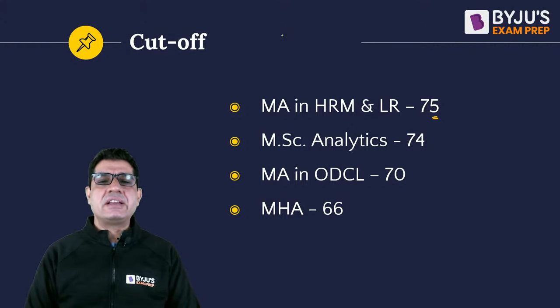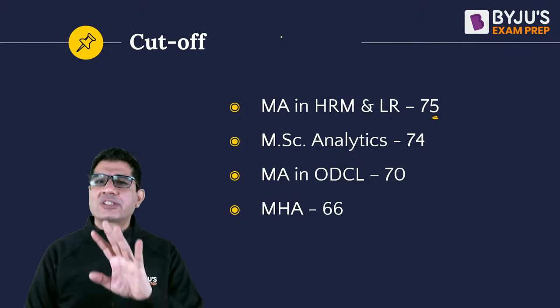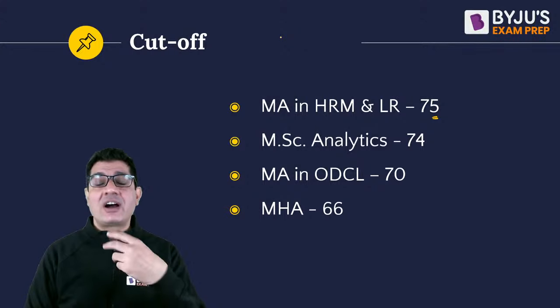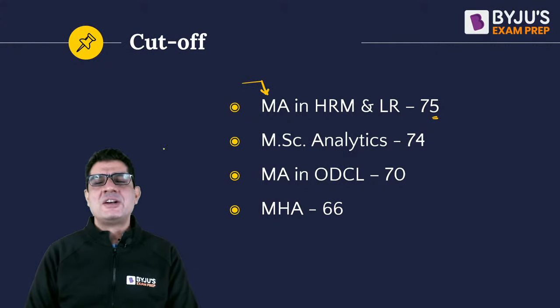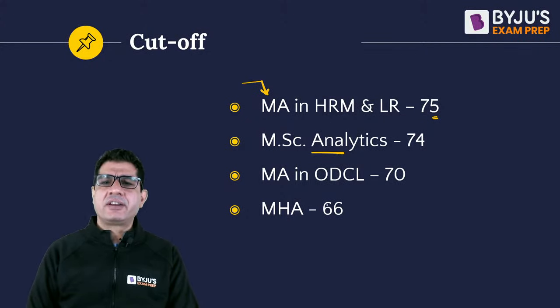Chirag, if you are interested in management, then these are the 4 courses that TISS offers which are relevant for you. So I'd in fact suggest that everybody must apply to the first one. This is, after all, their flagship course. Thereafter, people interested in big data, apply to MSc Analytics.